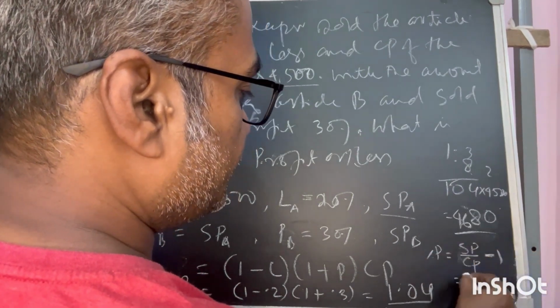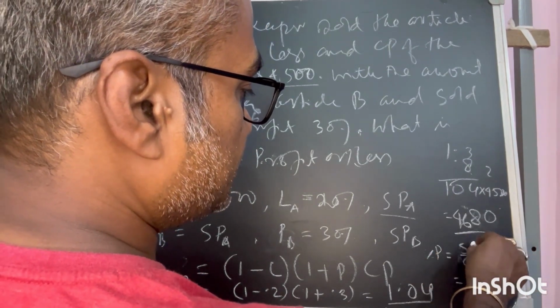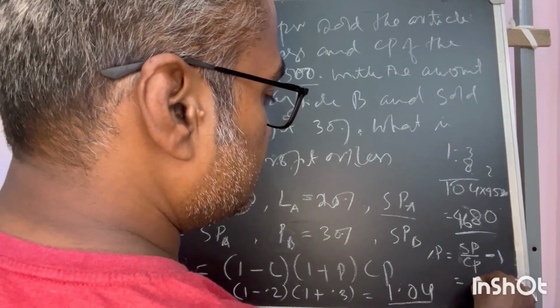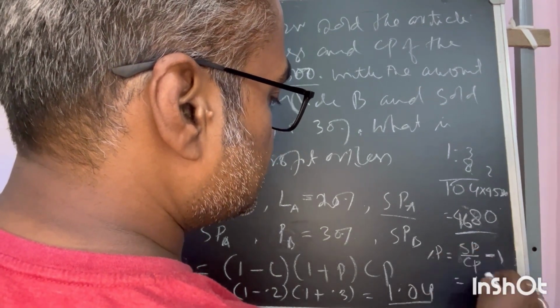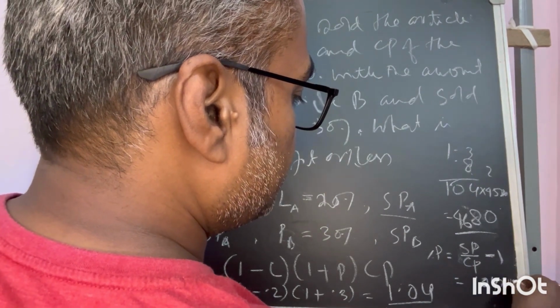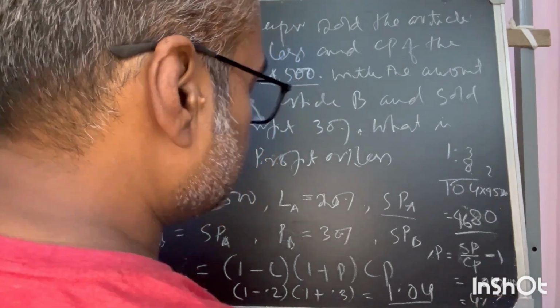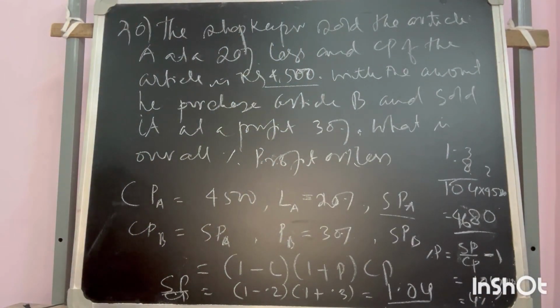So the profit percentage depends on SP by CP minus 1. So this is 1.04 minus 1, that is 0.04, and percentage wise that is multiplied by 100, that means equal to 4% will be the answer.